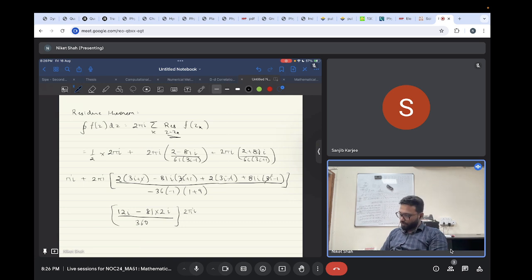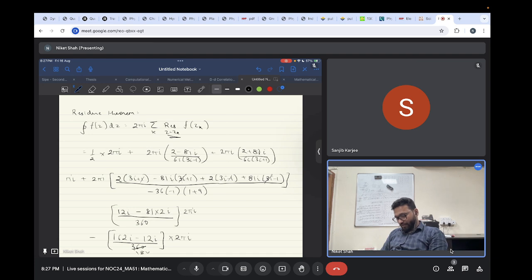I don't know if I'm doing this right. Okay, fine. So this is 162i minus 12i with a negative sign outside, divided by 360 into 2 pi i.